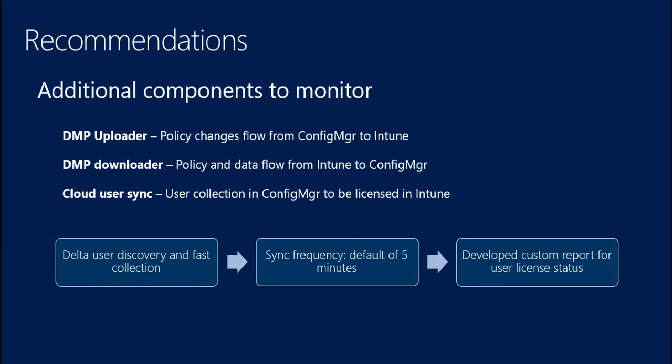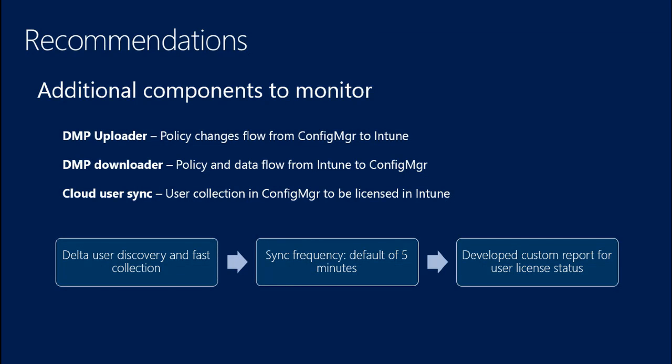The sync frequency, we talked about, the cloud user sync happens every 5 minutes. We've actually developed a custom report based on user licensing, where we're using the cloud user ID information to determine if a user is licensed or not for Config Manager in Intune.